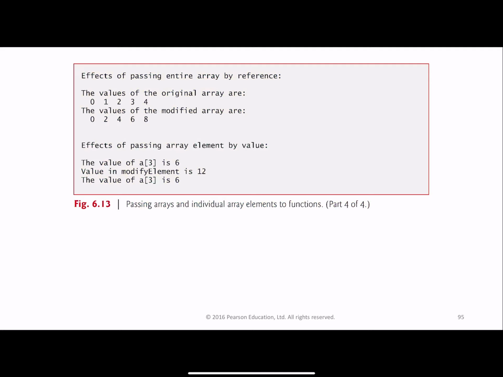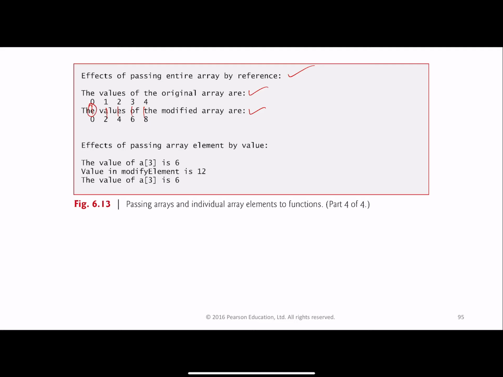If you run this program, this is what we expect to see. Helpful message: the value stored in array A before calling the modify array function: 0, 1, 2, 3, 4, the values we initialized it to. Then we call modify array function. After we come out, we print out the values of A again, and you can see they've all been multiplied by 2.